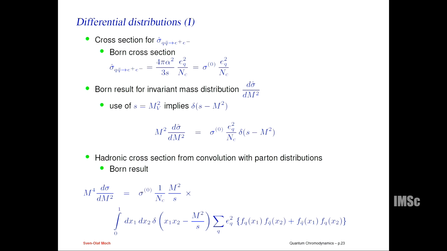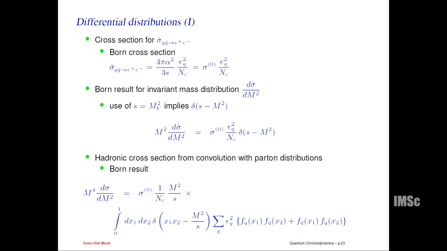Now the Born cross-section, we can calculate it quickly, or we can even, by physical arguments, derive it from what we have learned yesterday, because yesterday we looked at e plus e minus annihilation going to q q bar, and now we are looking at the reverse process, q q bar going to e plus e minus.